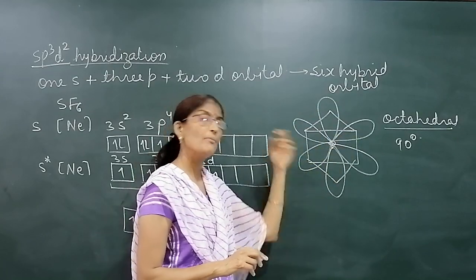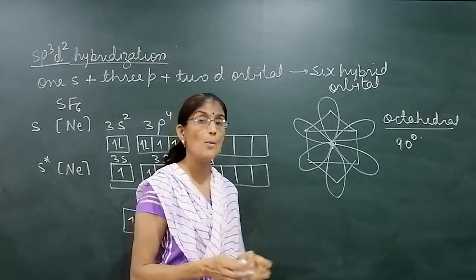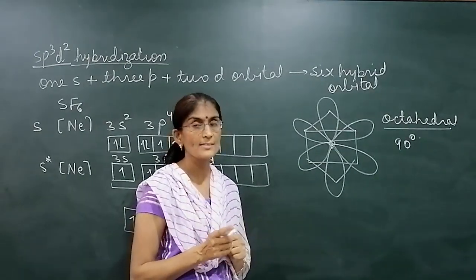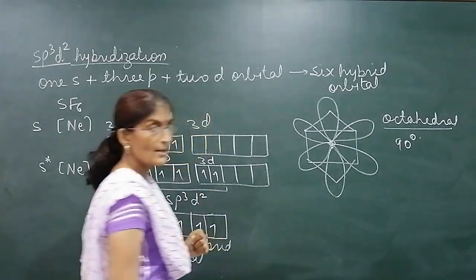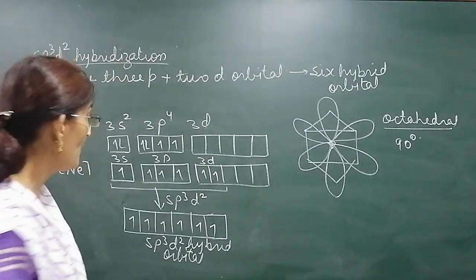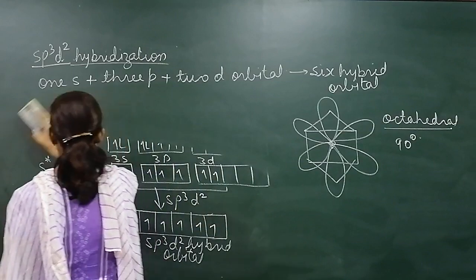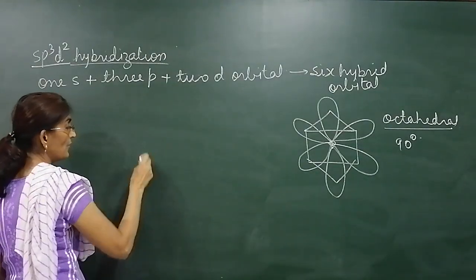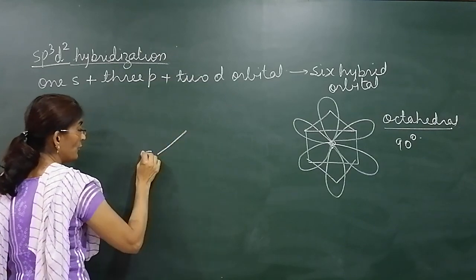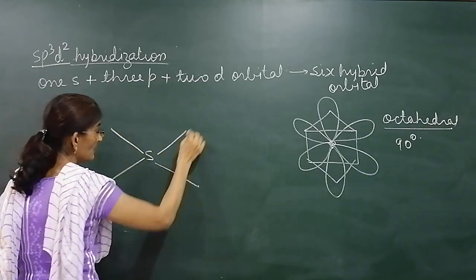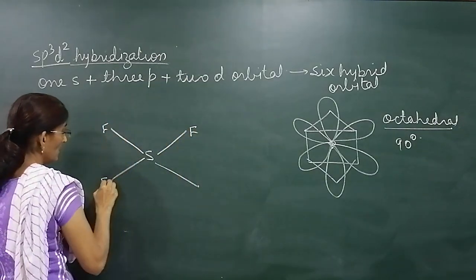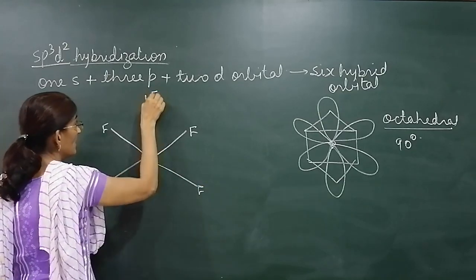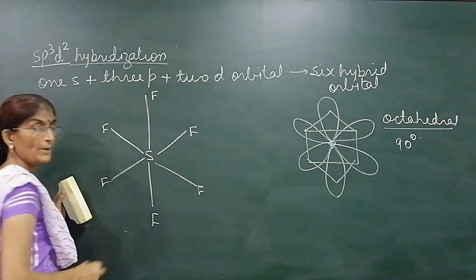Now these orbitals overlap with fluorine atomic orbitals and form 6 sigma bonds. What is the shape of SF6? See this way, octahedral shape. This is the shape of SF6. Sulfur at the center, 4 fluorine at 4 corners this way, one above the plane and one below the plane.